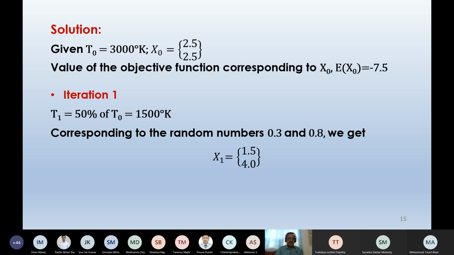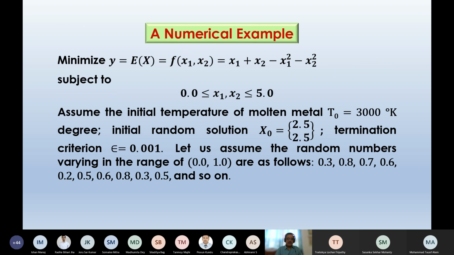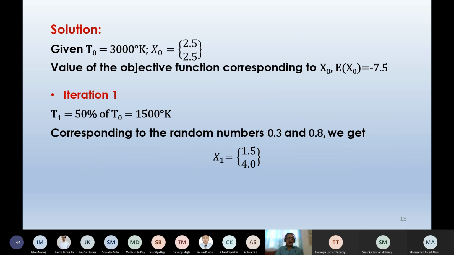Okay, now corresponding to the random number 0.3, how to find out the real value? It is very simple. If you remember the way we calculated in the last class, and the class before last, x is nothing but n into x max minus x minimum plus x minimum. Follow the same principle. Because here we know the range for x1 and x2 is 0 to 5. So what is the range? Range is 5.0.